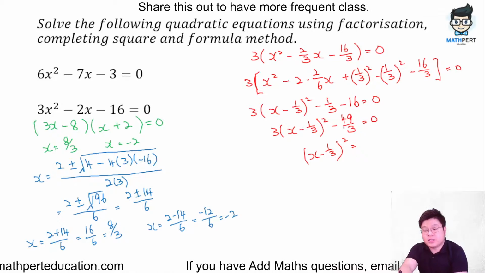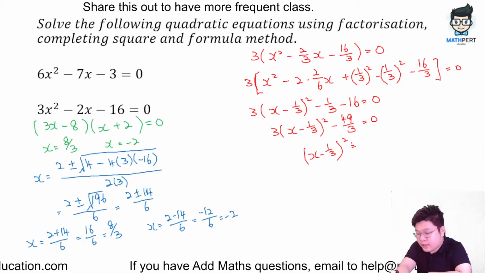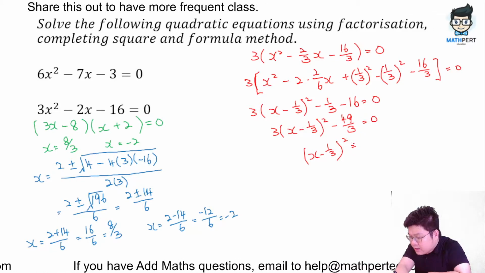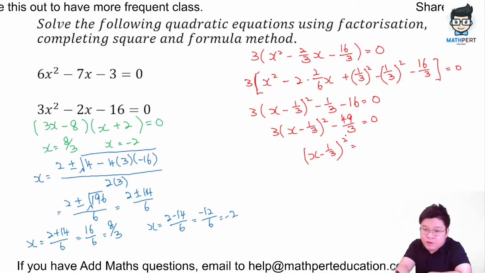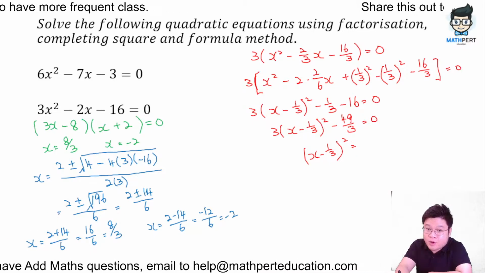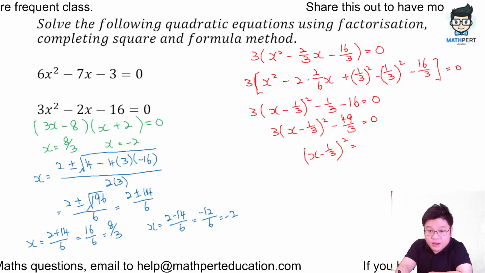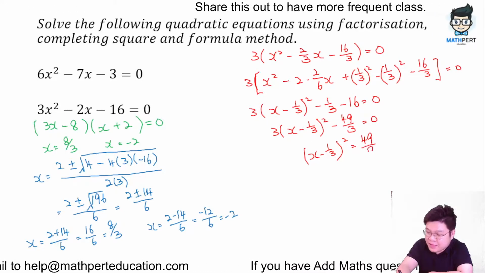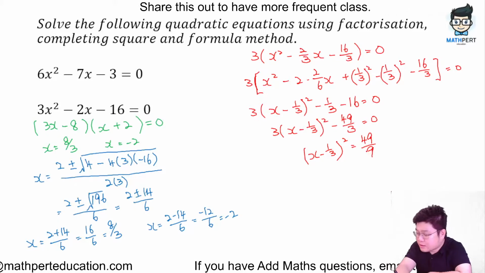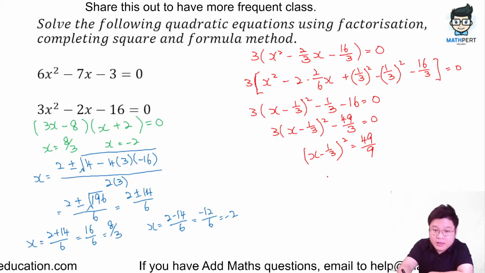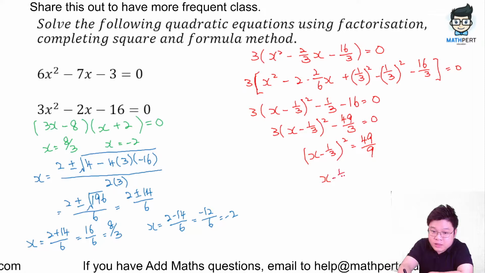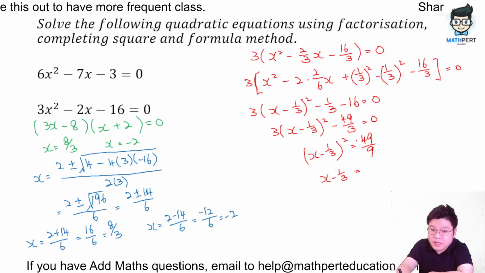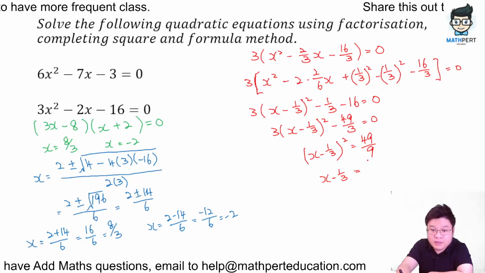You move it to the other side, then you will get positive 49 out of 3. Then you divide by 3, you get 49 out of 9. Okay, so x minus 1/3, you will get square root of 49 out of 9, 7 out of 3.